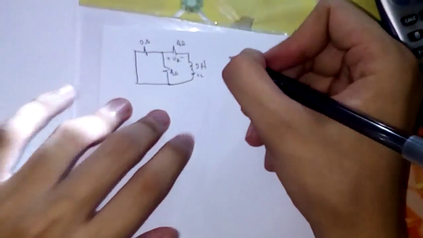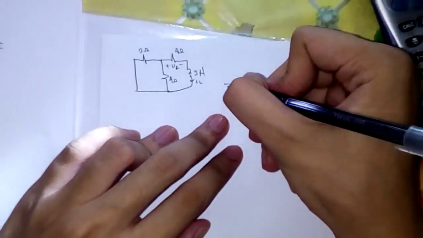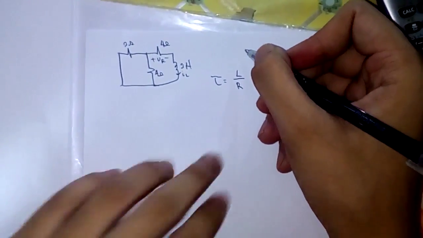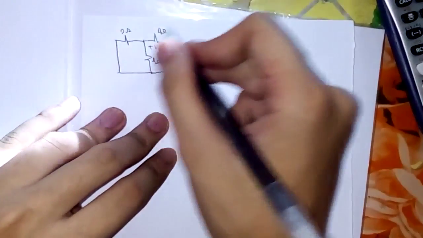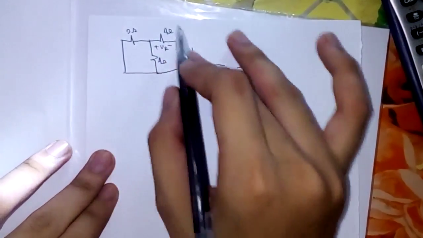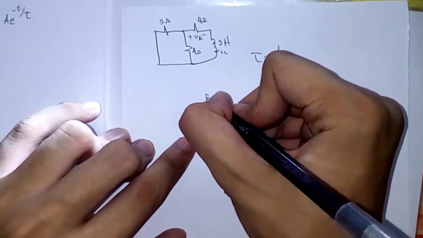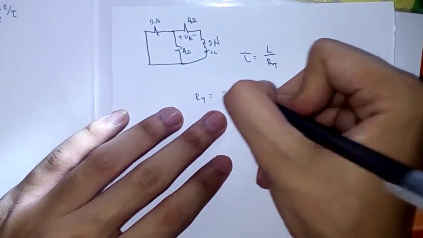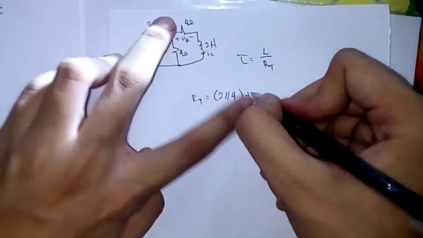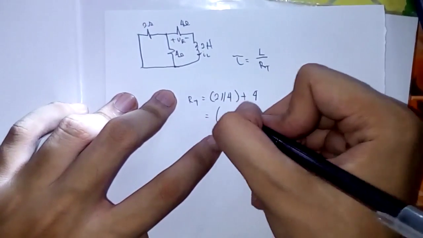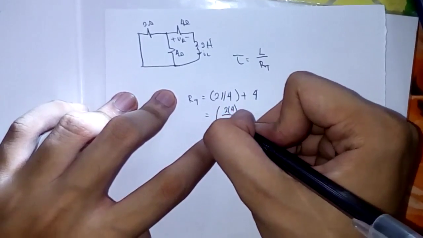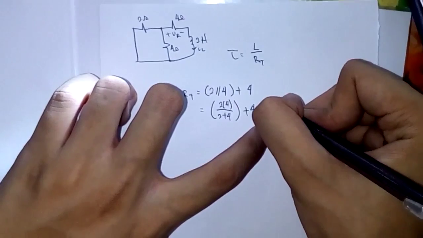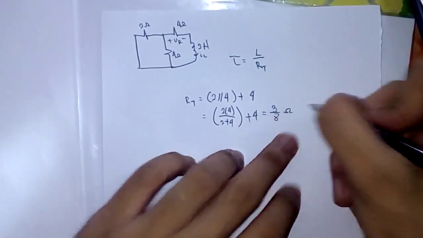So first we need to get the value of our time constant, which is equal to L over RT. To get RT, we just need to add this resistance here: 2 parallel 4, plus 4 ohms, which is equal to 2 times 4 over 2 plus 4, plus 4, which is approximately equal to 16 over 3 ohms.